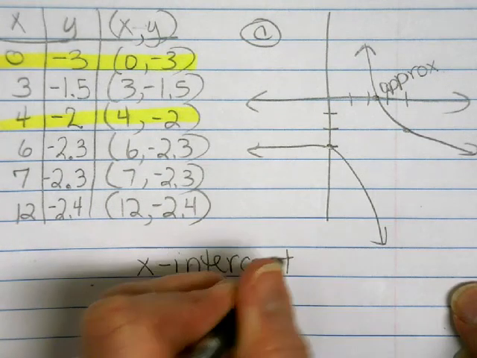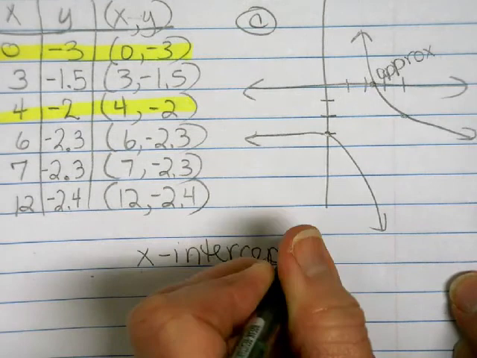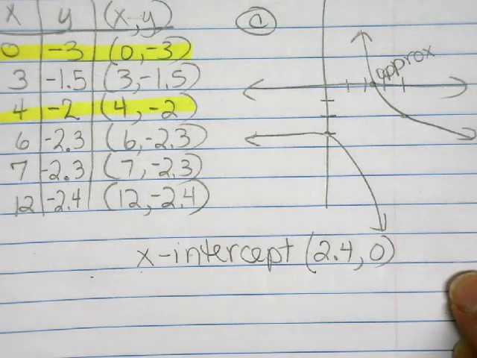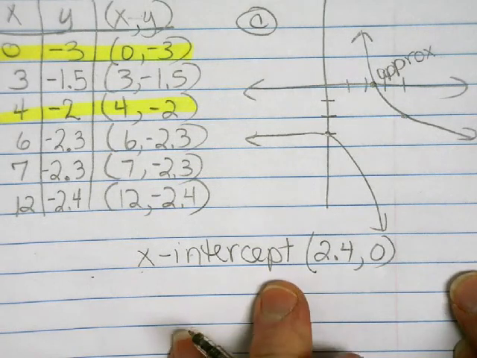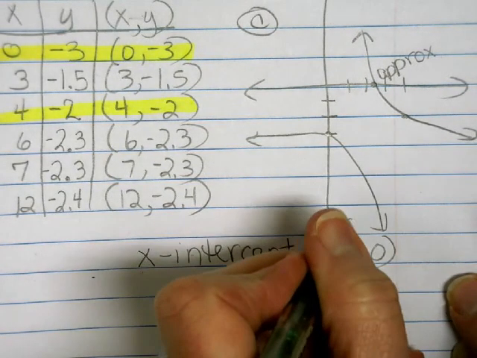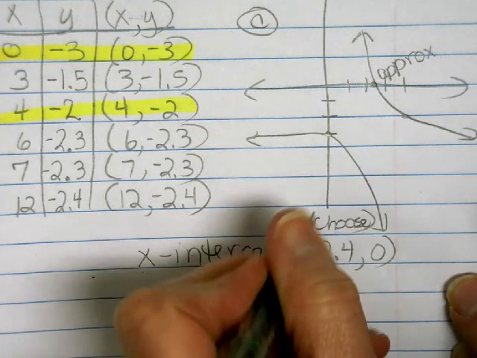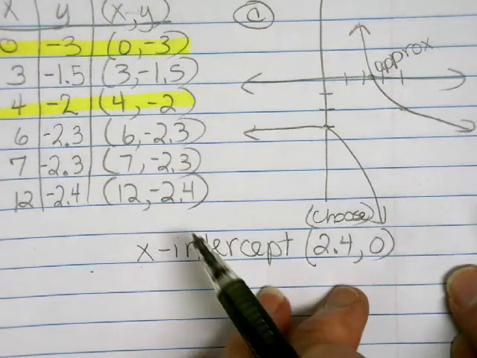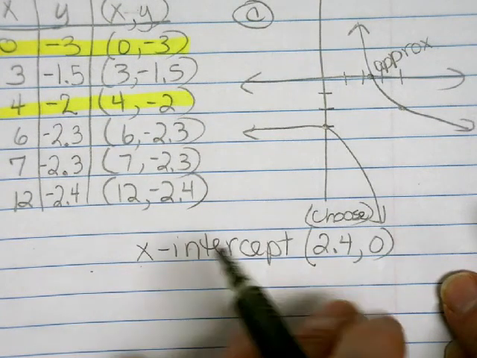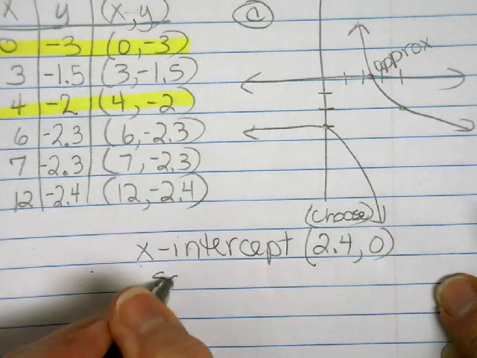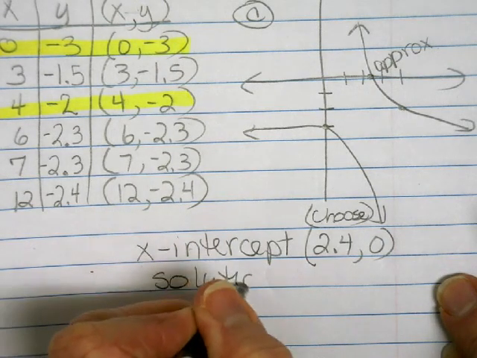So on your choices for your x-intercept, the drop-down is clearly 2.4 and 0. Your other choices aren't close. You know what I mean? If you pick the right graph from your right values, you won't have to guess.